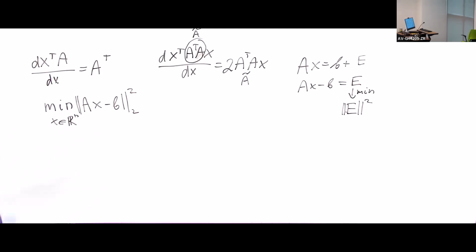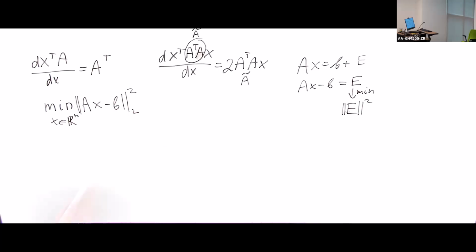Do you understand why this is a vector? It's the difference of two vectors, which is a regular vector. You're squaring all of the values because this is the Euclidean norm squared. So it's the sum of squared errors, and then you're minimizing that. This is what you're looking for.